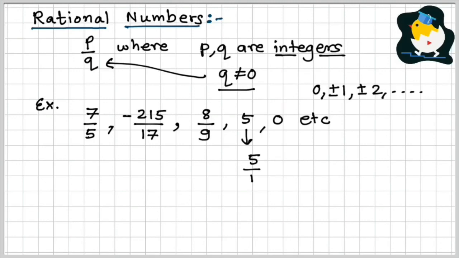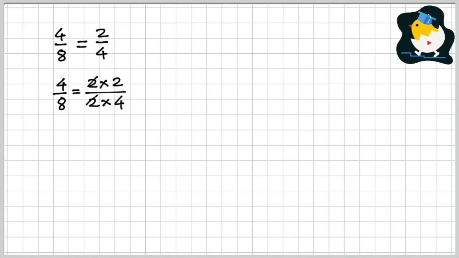Now, one important thing we should note here is that if I am writing a rational number, let's say 4 divided by 8, if you are familiar with the numbers, you know this can also be written as 2 divided by 4, because when we write 4 by 8, 4 is 2 into 2 and 8 is 2 into 4, and then we can cancel this 2. 2 divided by 2 is equal to 1, and that's why it is 2 by 4.